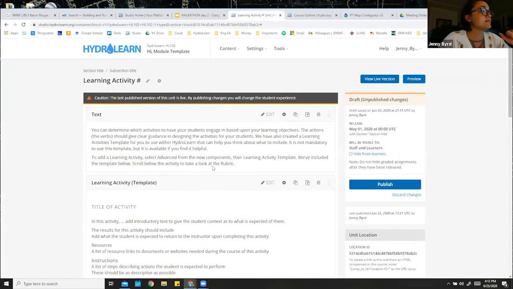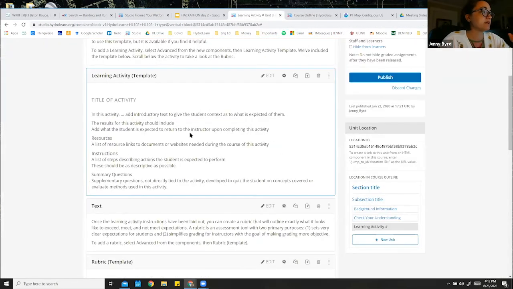So that is a learning activity template. It has everything that you've seen in that Google document: the title, intro, and the results should include, where you can do a bullet list of text, or even insert a table right here. Then we have the list of instructions and then the summary questions.